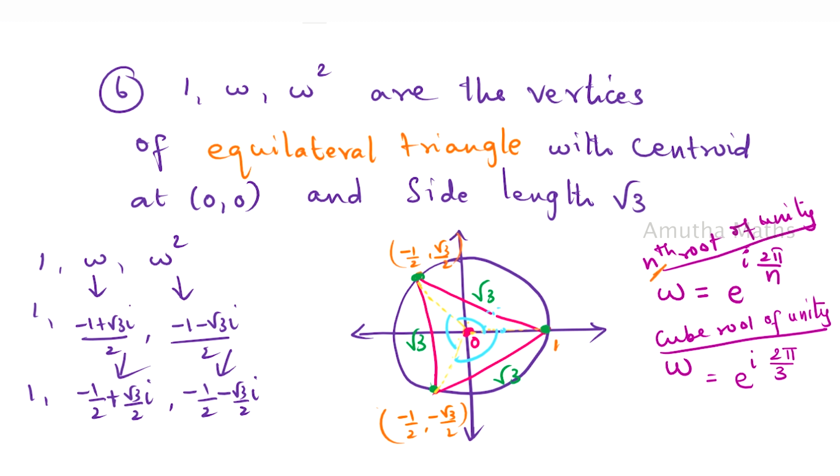For nth roots of unity, I get n; for cube roots of unity, I get 3. For fourth roots of unity, I will be getting e power i into 2 pi by 4. So here the angle will be 2 pi by 3, and this will also be 2 pi by 3.